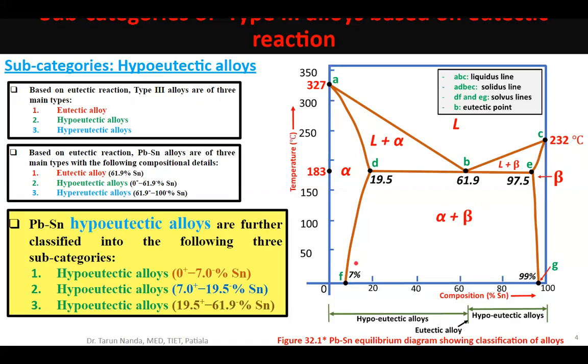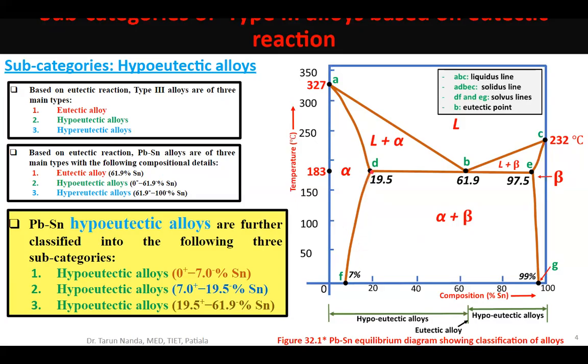But importantly, these alloys would not have shown eutectic reaction, because when they reached the eutectic temperature of 183, they didn't have any liquid solution in them, and without liquid solution of eutectic composition, the eutectic reaction cannot occur. So these alloys, though they have the first category of hypoeutectic alloys had only one phase in them, alpha. The second category between 7 to 19.5% tin that I am talking right now contain two phases in them, but that is without eutectic reaction.